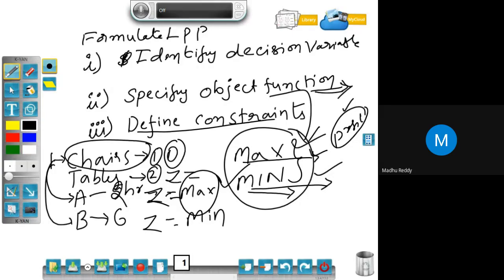In the same way, to manufacture a table requires 5 hours on machine A and there is no time on machine B. So these are the limitations he has given for us.